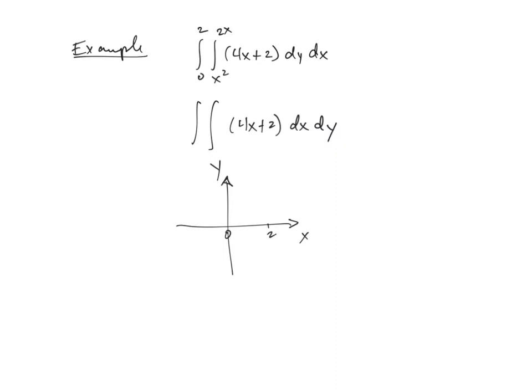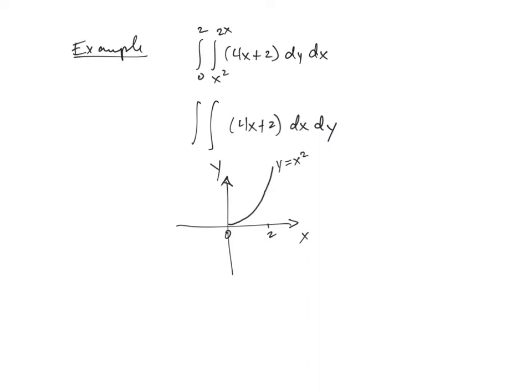The y limits are functions of x. In the inner integral here, y goes from x squared to 2x. So one of the boundaries for our region is y equal to x squared, which is a parabola that looks something like that.